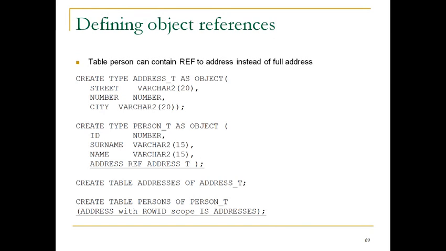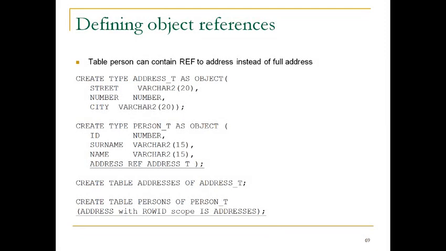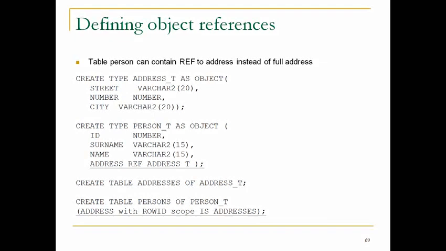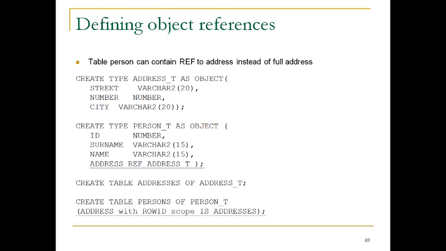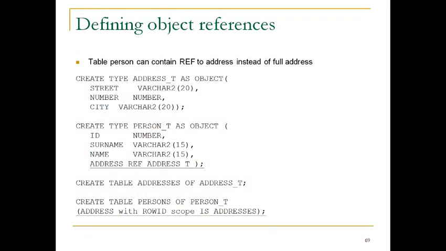And it allows some flexibility. For example, this ref can be the same as this one, and also refer to the same object. If we store the address here, in case two people are living at the same address, which of course is a real life situation, then we could store the address only once and both refs would refer to the same address.